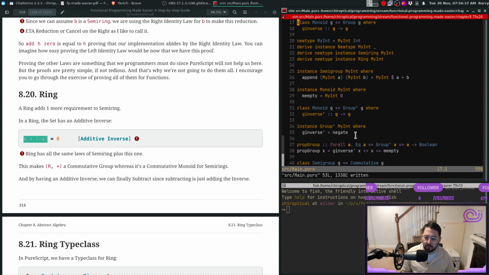It can be a group if there exists a function turning that thing into the other thing, and then combining them together gives the monoid value, or in this case, plussing, because we're doing the addition monoid. So there needs to exist a function: given any a, the g inverse of a, you end up with the monoid mempty or the 0 or whatever you want to call it. So those are the two pieces you need to be a group.